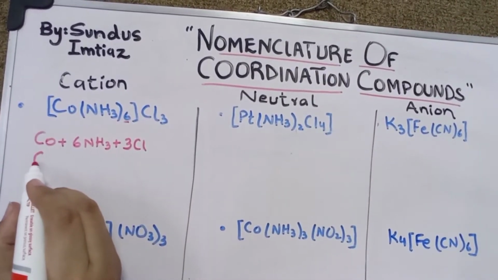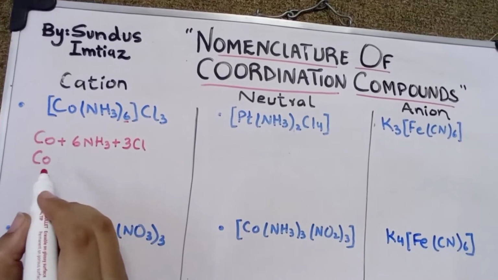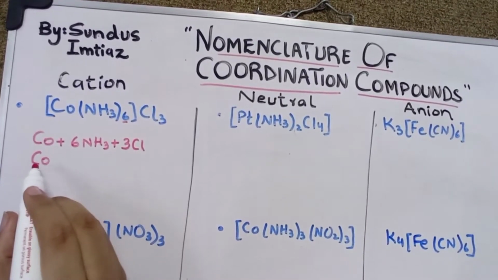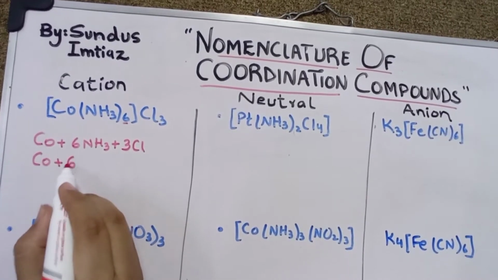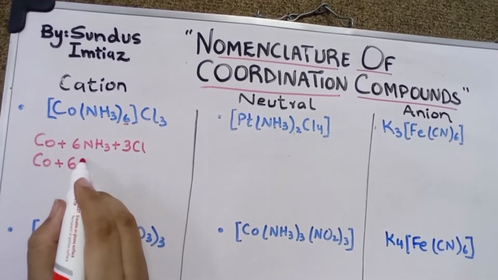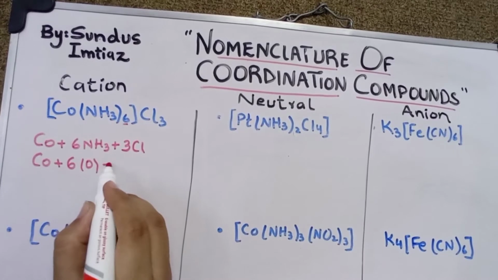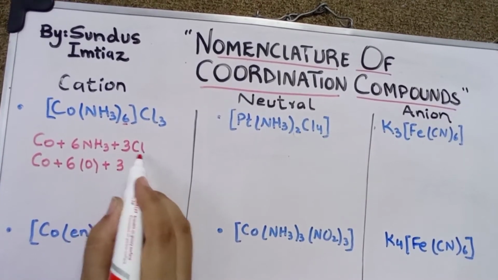We will write the cobalt as it is, then 6, the charge on amine is 0, and the charge on chloride is -1.